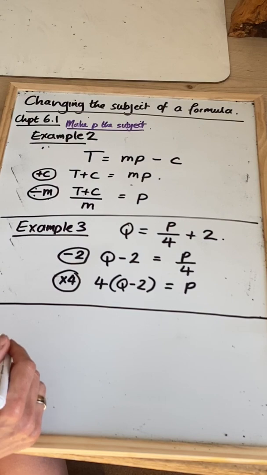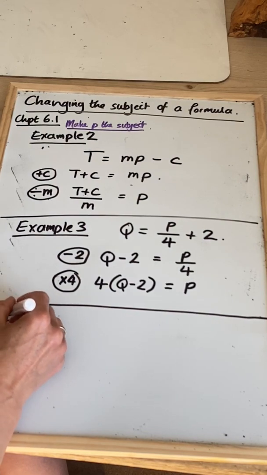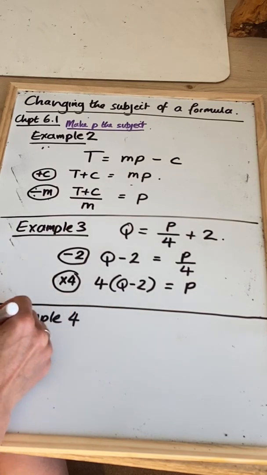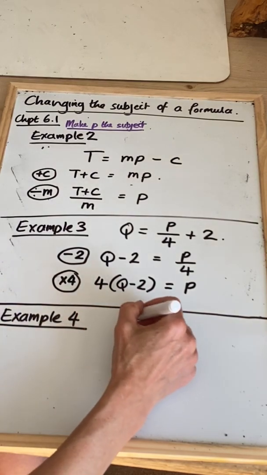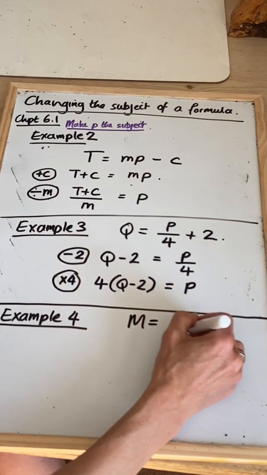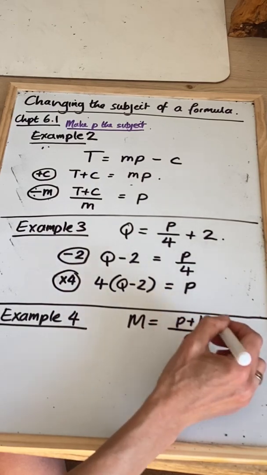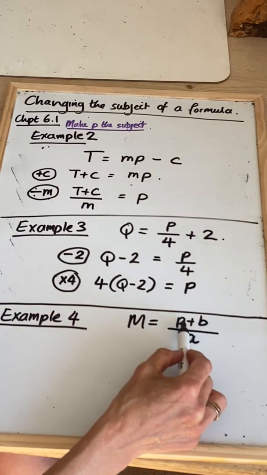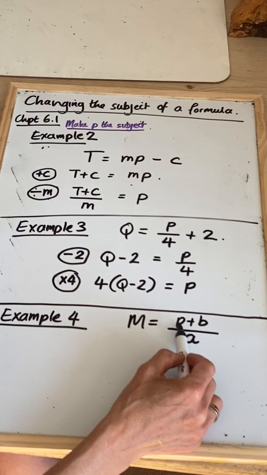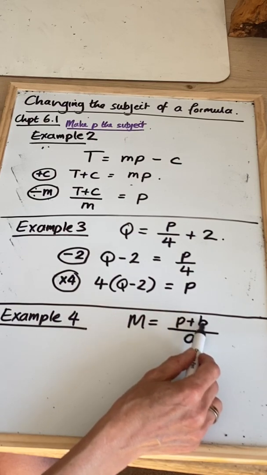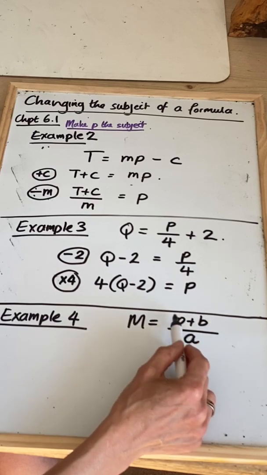Last example with making P the subject. So example 4. Here I've got M equals P plus B all over A. Look at what's happened this time to the P that we're trying to get to. It's had a B added to it. That was the first thing that happened to it.